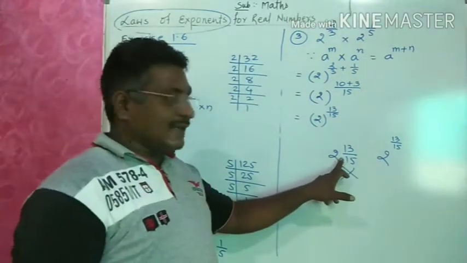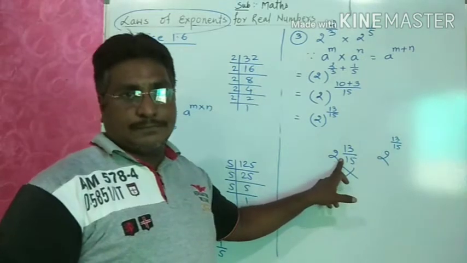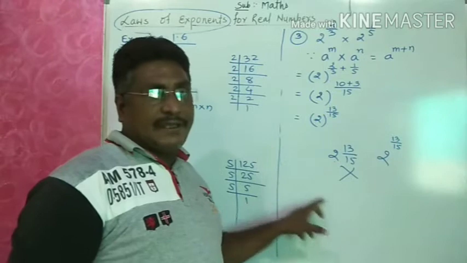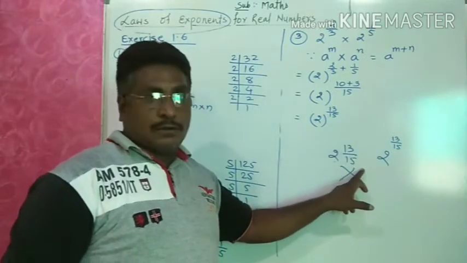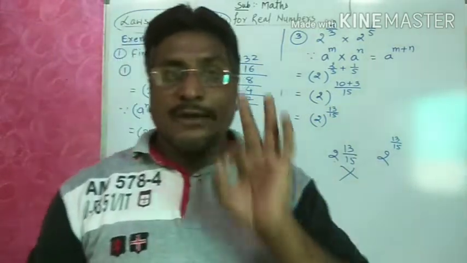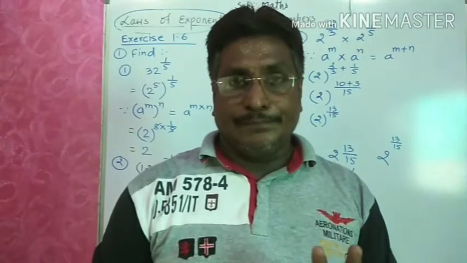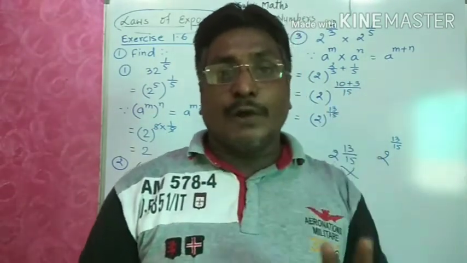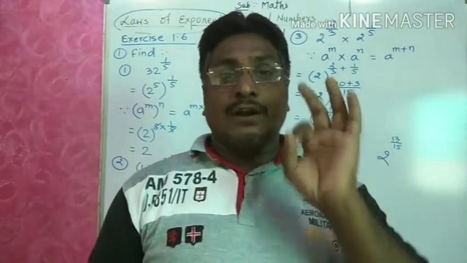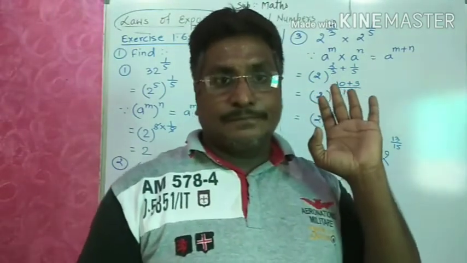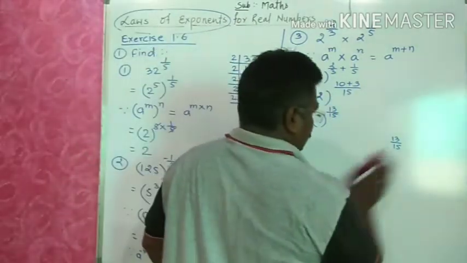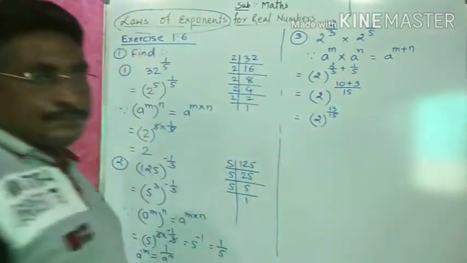If you write like this, it is wrong. Again and again I am repeating, students, writing this way is wrong. See the video carefully and follow whatever instructions we gave. Don't follow the wrong methods. Understood, students? So this is the answer.